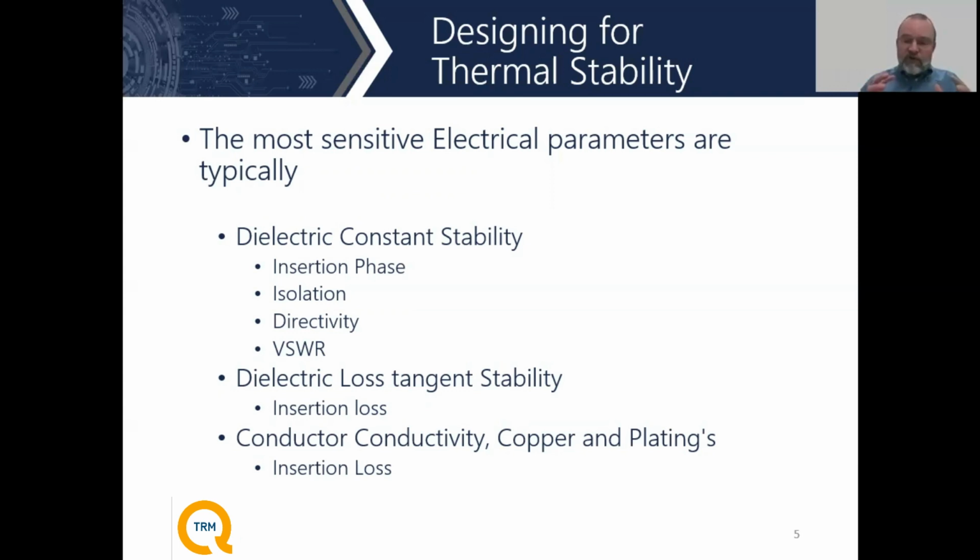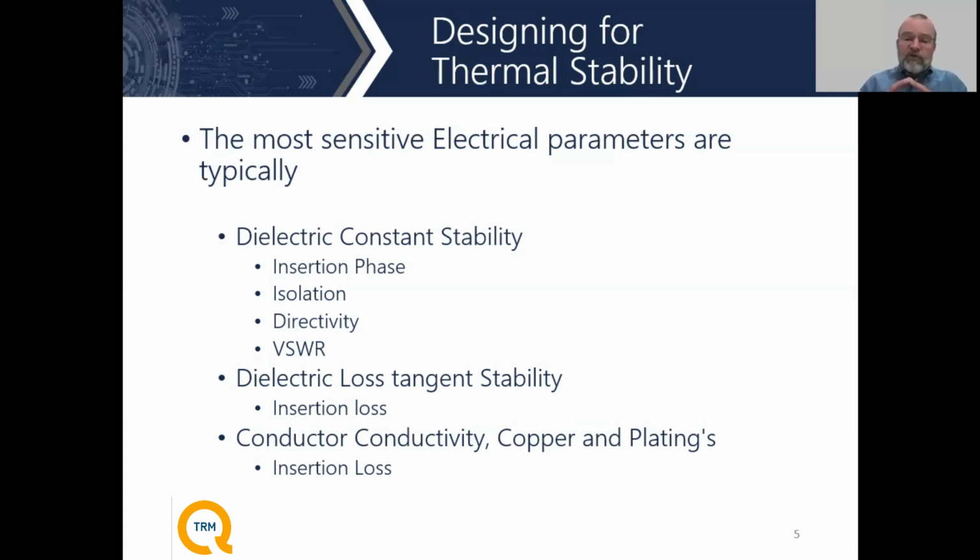So there is a very high interplay going on between the dielectric constant and all of the electrical parameters. The thing that we talk most about is phase change, but this is really critical for all the parameters. Another constant that changes in dielectrics is the material loss tangent.